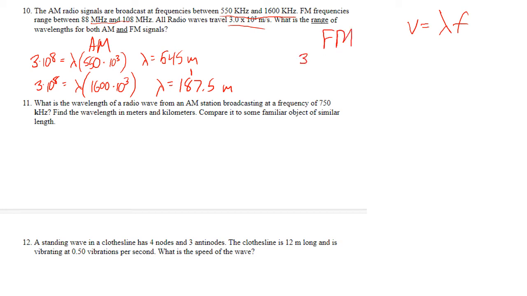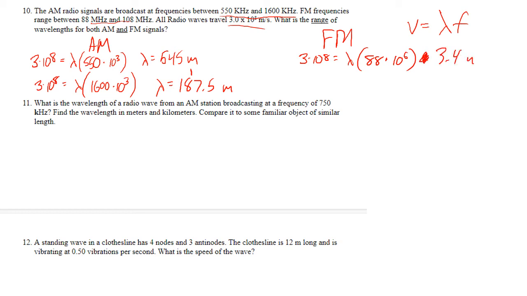So we're going to have 3 times 10 to the 8 is equal to lambda times 88. Now it's megahertz, so that's going to be times 10 to the 6, because we know our metric prefixes, hopefully. So that's 88 times 10 to the 6. So that's going to be 3.4 meters is our wavelength.